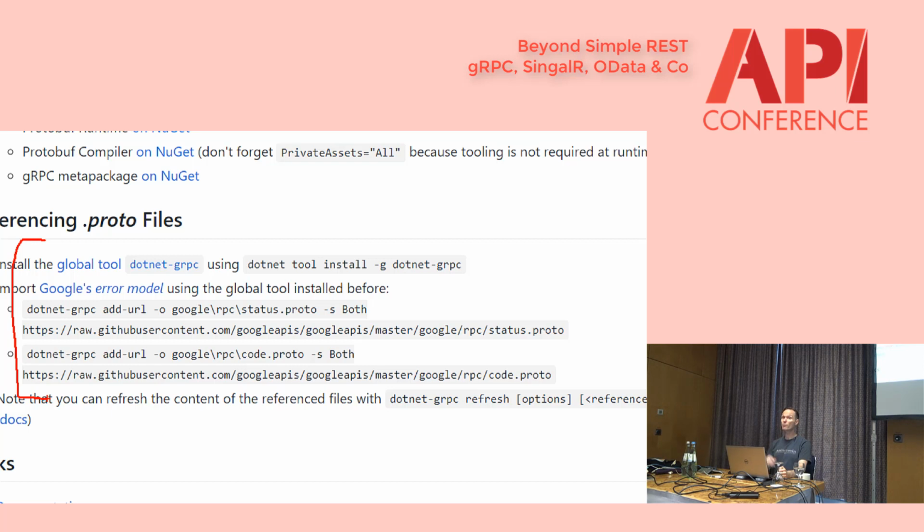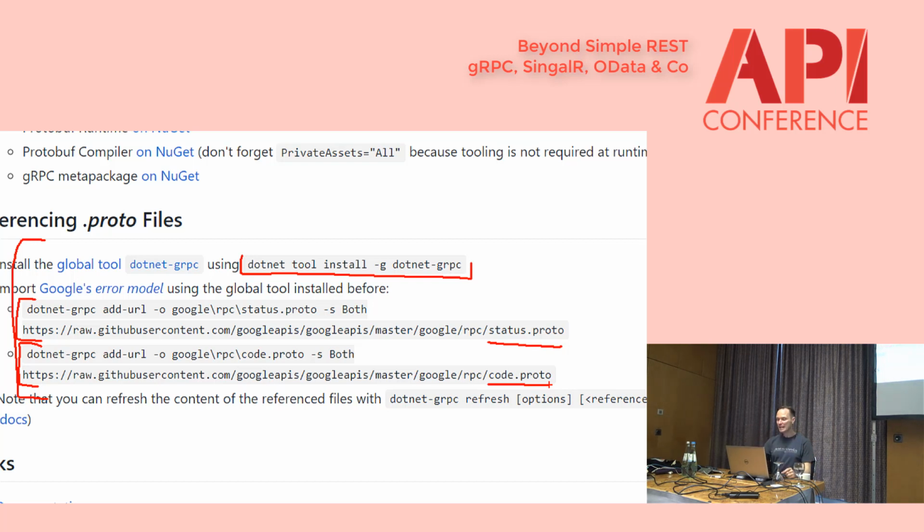So if you want to follow along, I will do it on the video beam in a second, you have to execute this statement. Then you have to execute this statement. And then you have to execute this statement. And it will download the status proto and the code proto into your application. Get it? So we just reference the files.